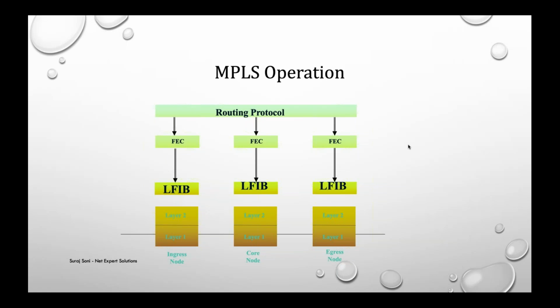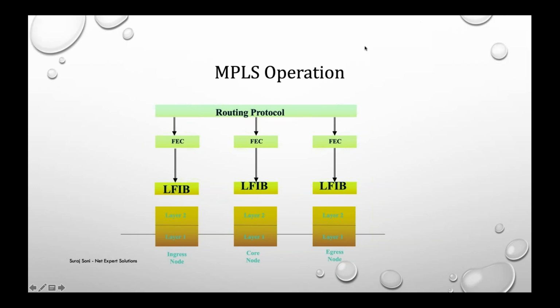I already explained what is forwarding equivalent class yesterday: when a number of packets, hosts, or networks are treated in the same way, it is known as FEC, forwarding equivalent class.